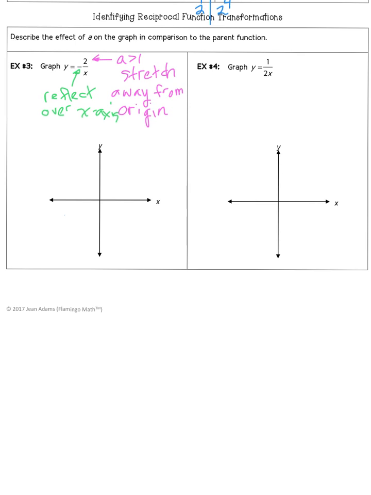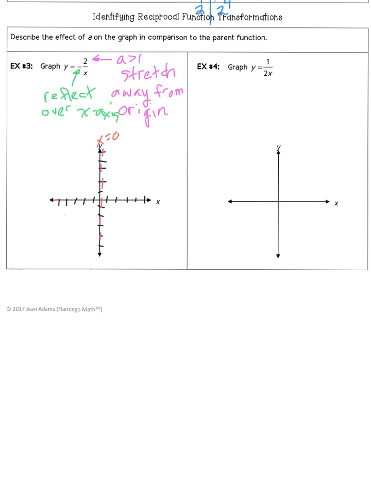All right, so my parent graph, I already know that my vertical asymptote is going through here. Yes, they always have to be on there.